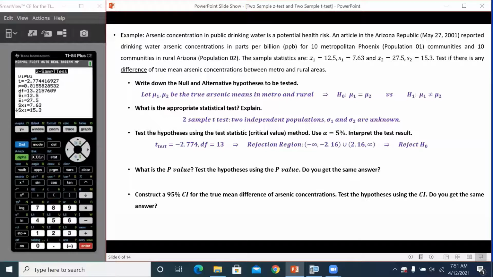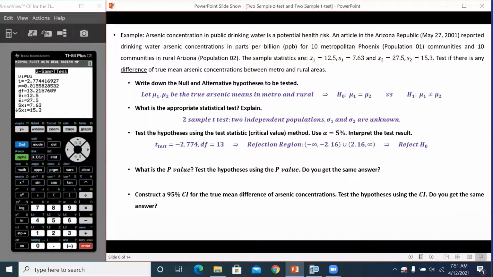This is a two-sided test. Then what should be the rejection region? You keep half of alpha, which is 0.025 on each tail of the t distribution with 13 degrees of freedom, and then read the critical value. You have to go to distribution and select number 4 inverse t. Then you will see that the two critical values are -2.16 and +2.16.